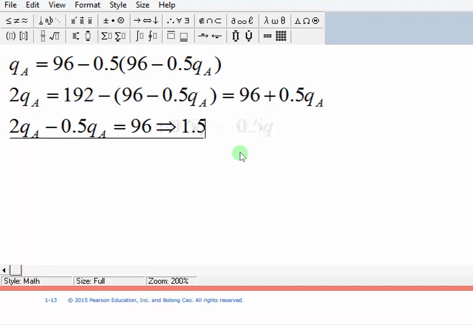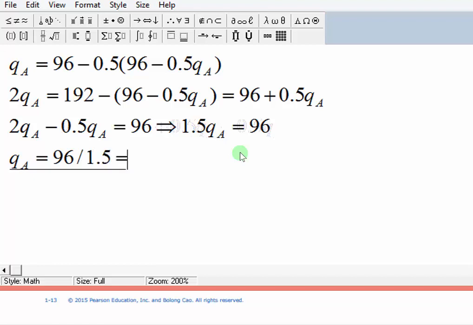Now what we have is 1.5 times QA equal to 96. So QA equal to 96 divided by 1.5, which gives us 64. That's how we solved this equation for QA.